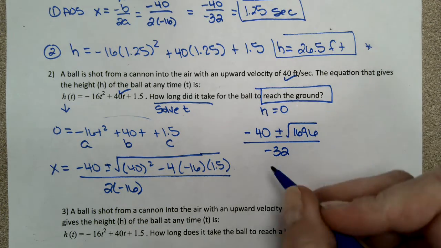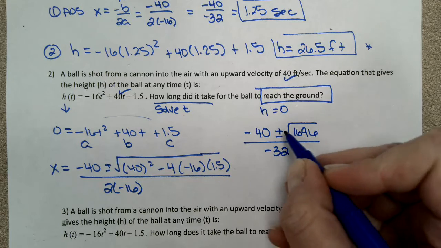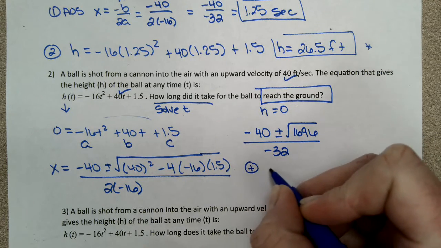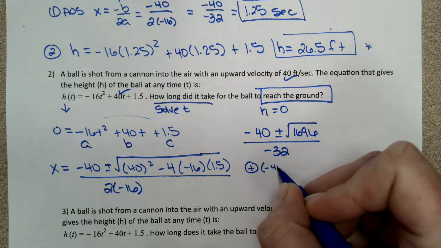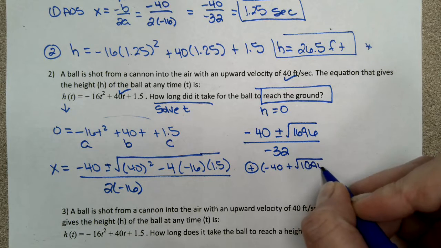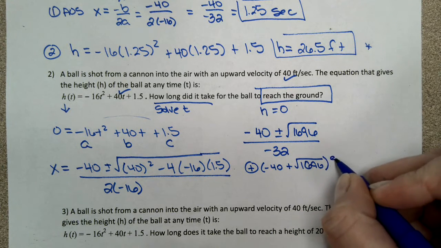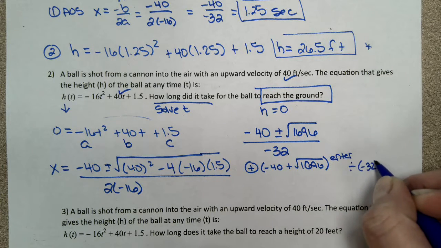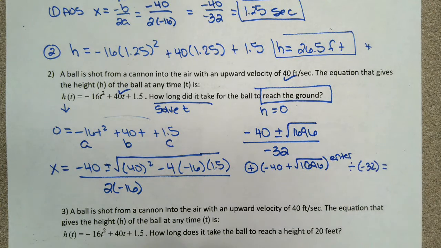All right, so I'm going to use the plus first. So into your calculator, go negative 40 plus radical 1696, and then hit the enter key. And then go divided by negative 32, enter. I'm looking for my answer sheet. The one with the plus, I'm getting 2.54.